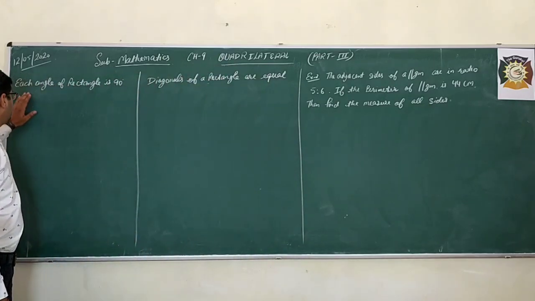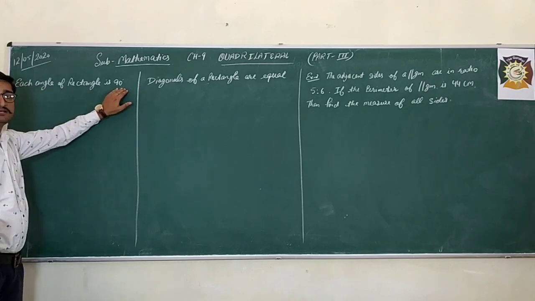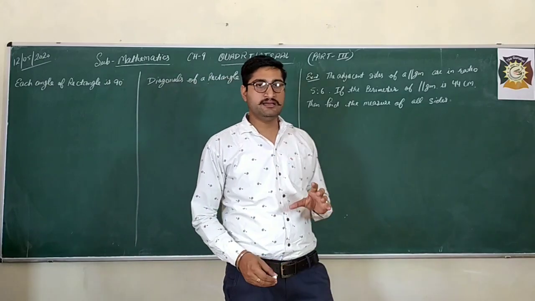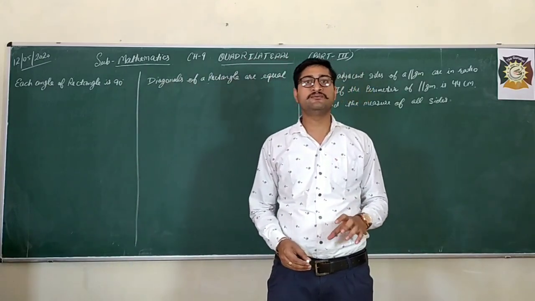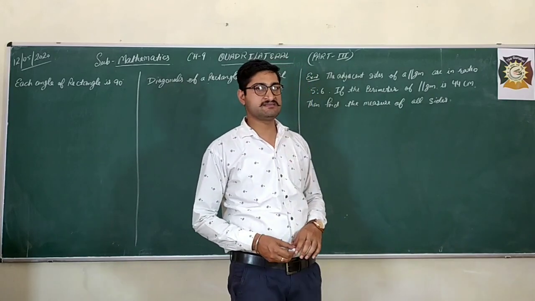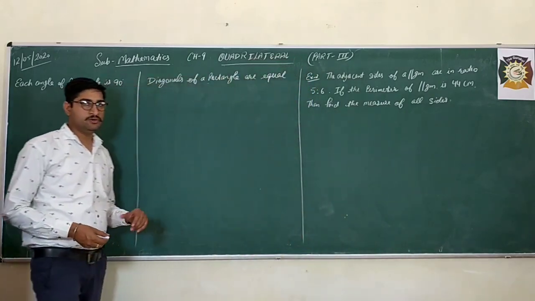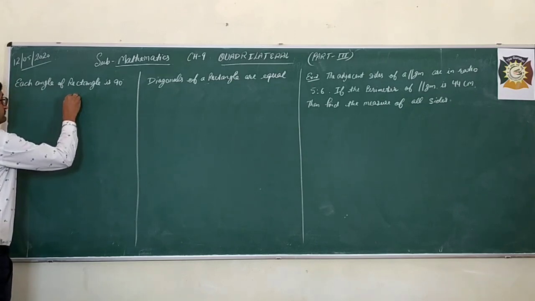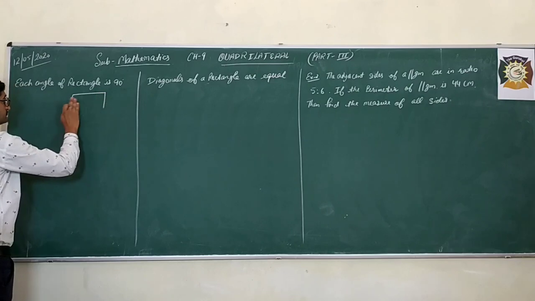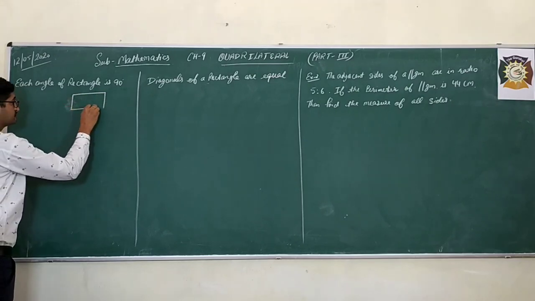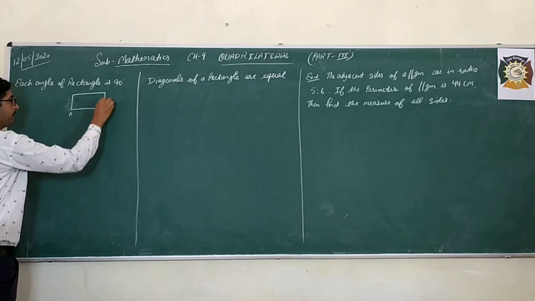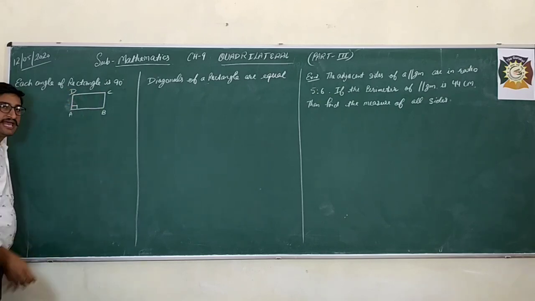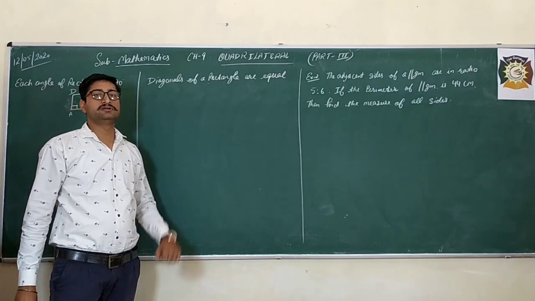Now, the first one, that each angle of a rectangle is 90 degrees. You know that a rectangle is a special type of parallelogram. So, first of all, draw a parallelogram in this way that one angle is of 90 degree.